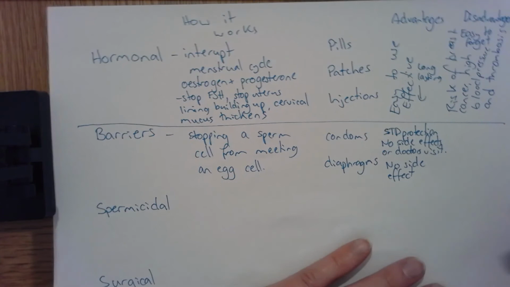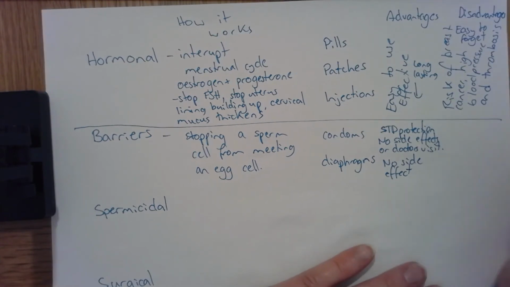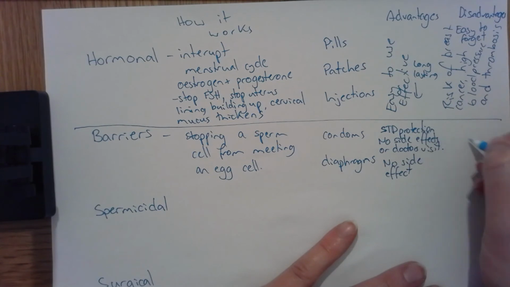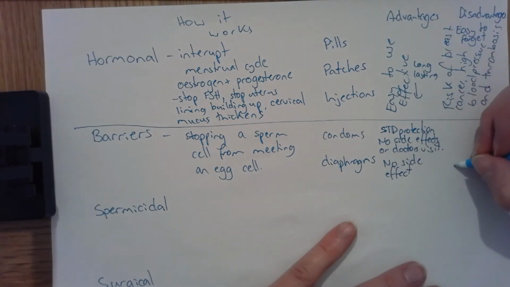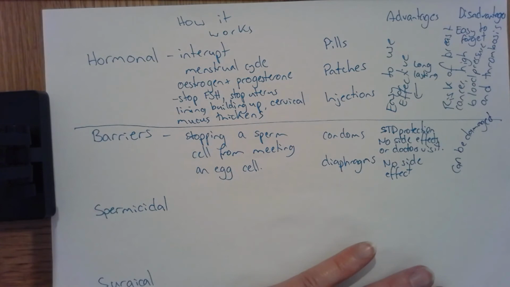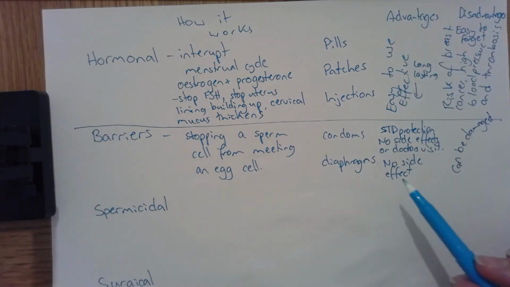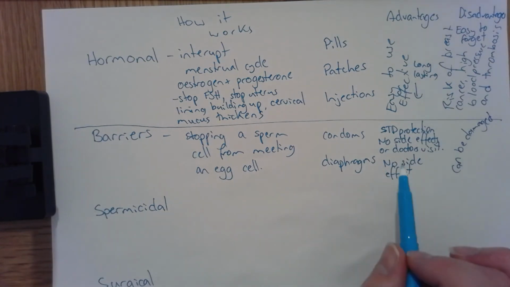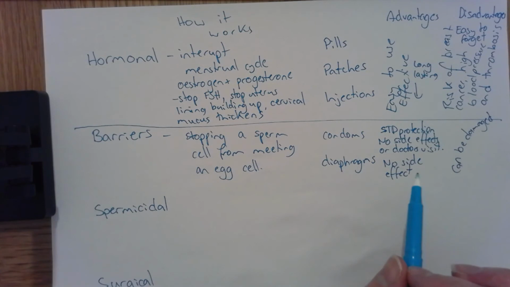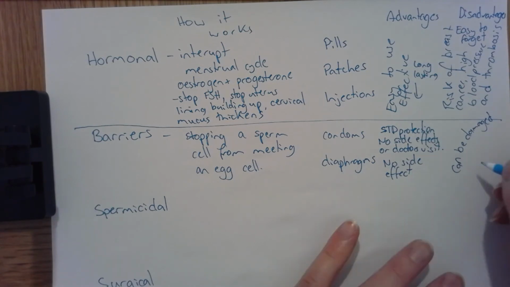Both of them have the potential to be damaged, and if they are damaged, sperm can get through and they become not effective. And with the diaphragm, particularly the positioning is very, very important, and it needs to be placed by a doctor.